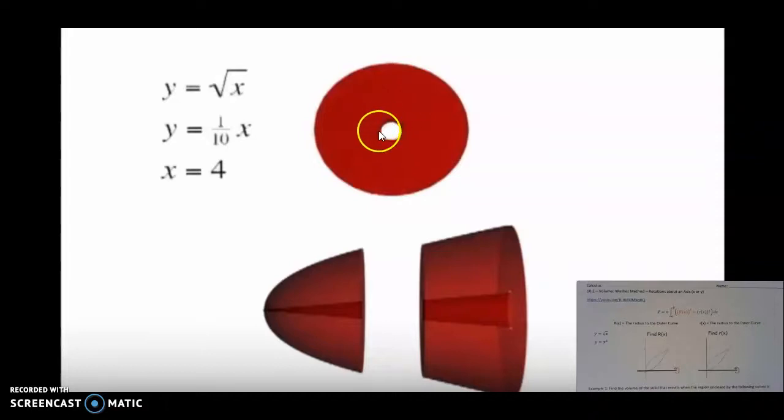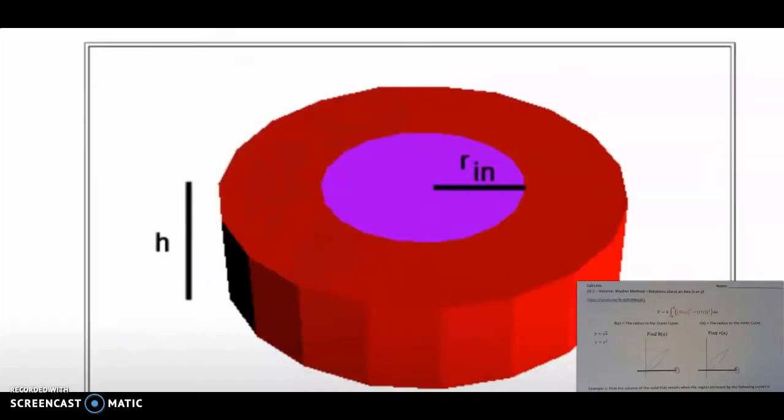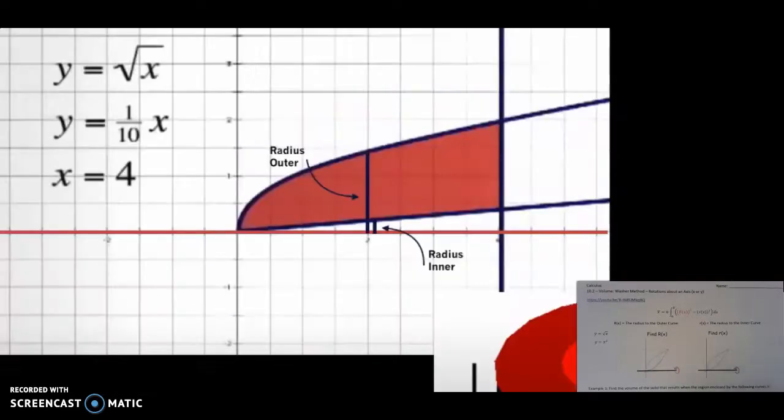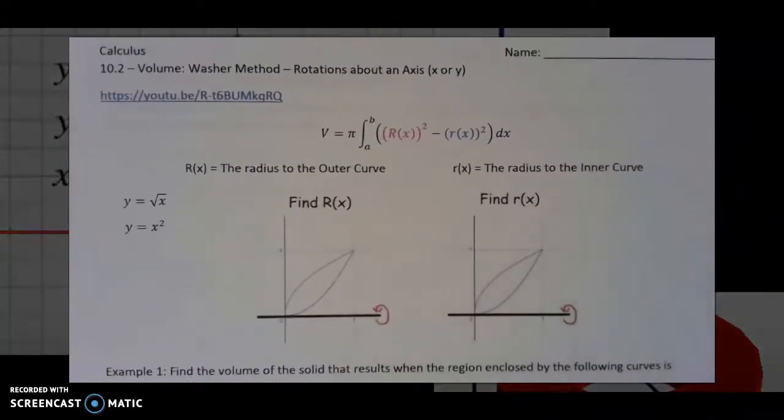That way we can take that away. So we're going to have to subtract that out. So what that's going to look like is a radius for the outer and subtracting that radius for the inner function. Okay, so that's going to give us just a little brief idea of what that's going to look like.